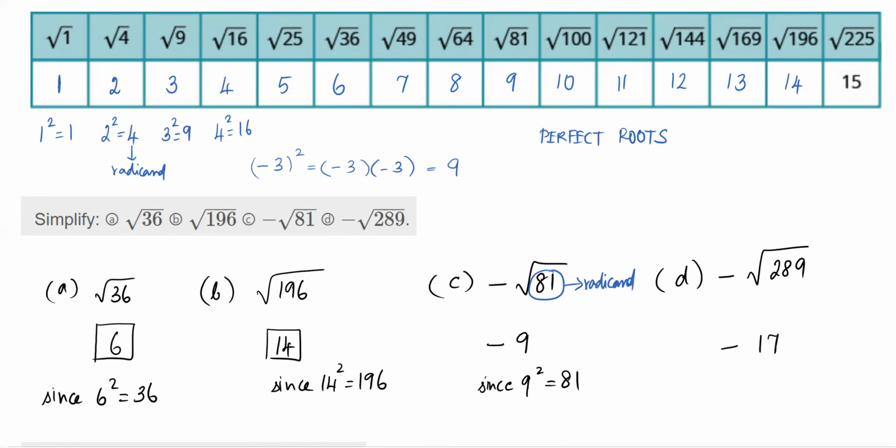We're not looking at the other roots, but say, for example, it was cube root. The cube tells me I have to multiply that number 3 times over. Fourth root means I'm looking for a number which, when multiplied 4 times over, gives me that radicand, and so on. Because we're looking only at square roots here, we are totally fine in just understanding the number being multiplied by itself. Say since 17 squared is 289.